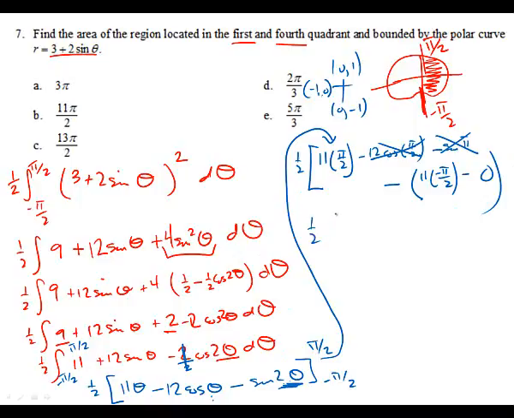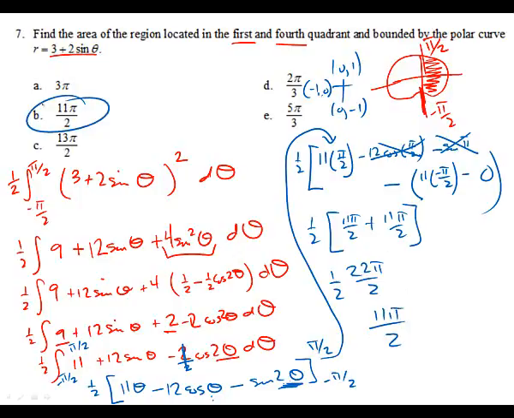So I really have 1/2 times 11 pi over 2 plus 11 pi over 2. So 11 plus 11 is 22 pi over 2 times 1/2 is... 11 pi over 2.